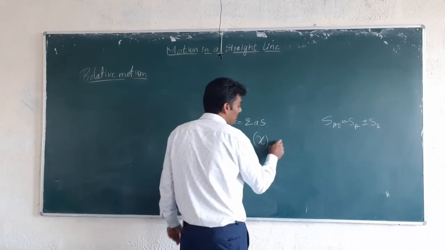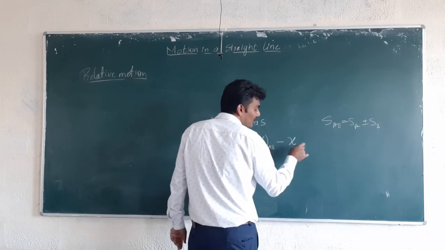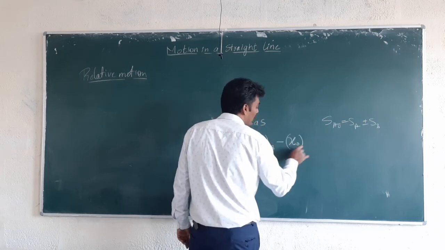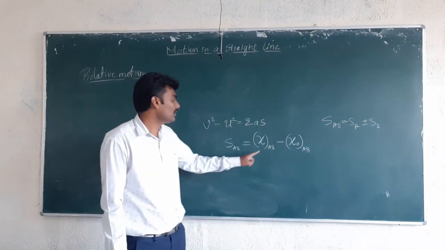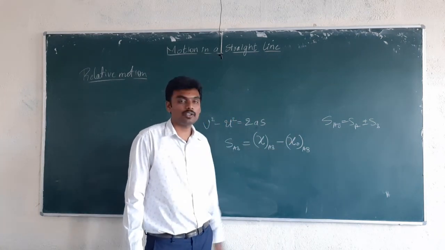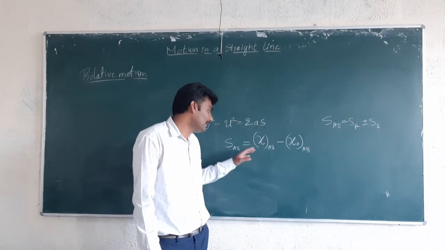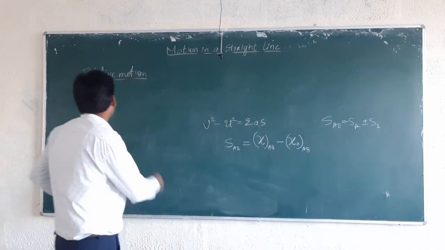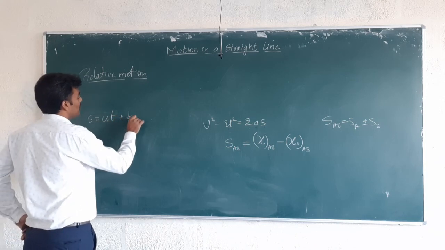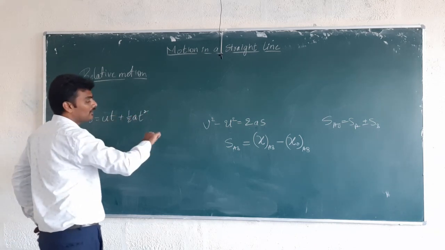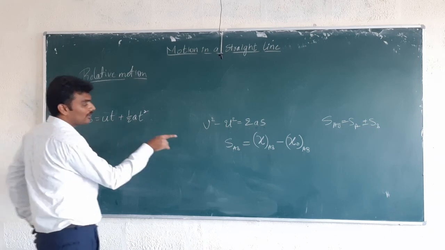SAB is XAB minus X naught AB, and this is why we wrote S is equal to UT plus half AT squared as, see, what is SAB there?